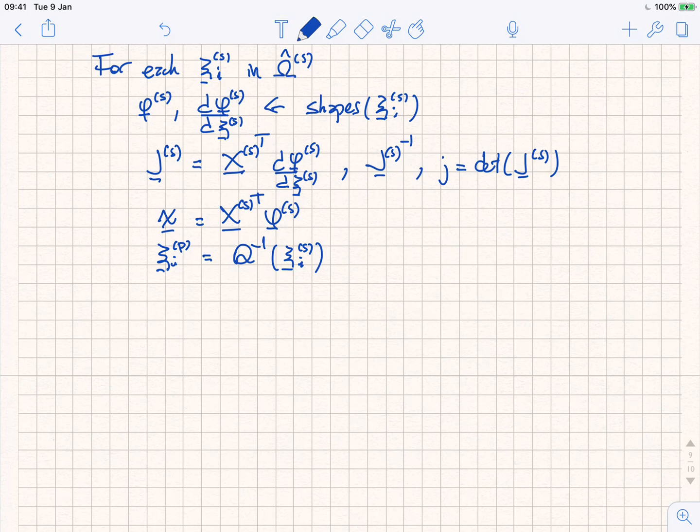So right now, I have the master coordinate in the parent element. So now I can compute the shape functions of the parent element and the derivatives of those shape functions with respect to the master coordinate of the parent element. And we do the same by calling shapes. Notice that because my integration elements here are triangular elements and my parent element is also a triangular element, this function shapes is the same here, but that does not have to be the case.